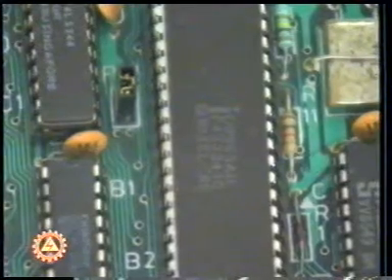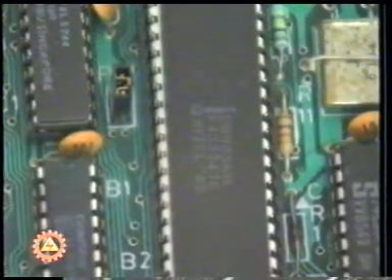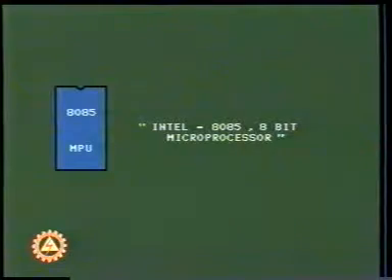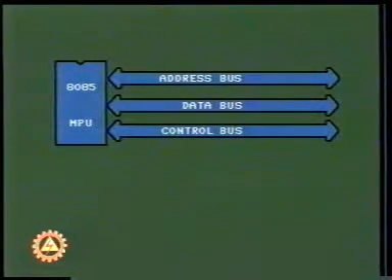Keeping into the consideration the technical specifications of the system, we now define various hardware blocks which have the capabilities to achieve the defined technical specifications. We use popular 8-bit microprocessor Intel 8085 and interface various devices with it using its address, data and control buses.